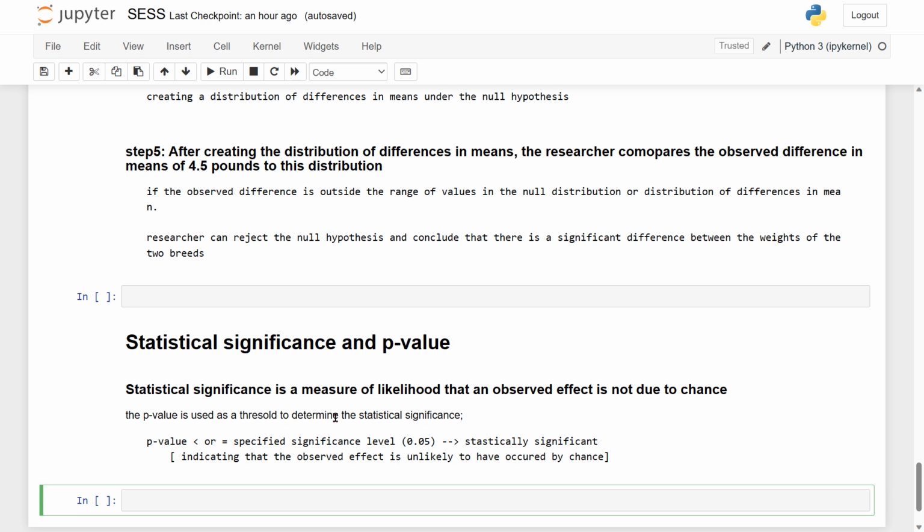Therefore, it's important to use statistical significance as part of a larger framework of scientific inquiry, including replication, peer review, and critical evaluation of the study design and data collection. So that's our statistical significance and p-value.